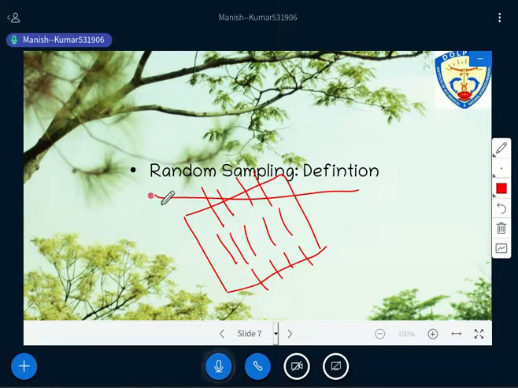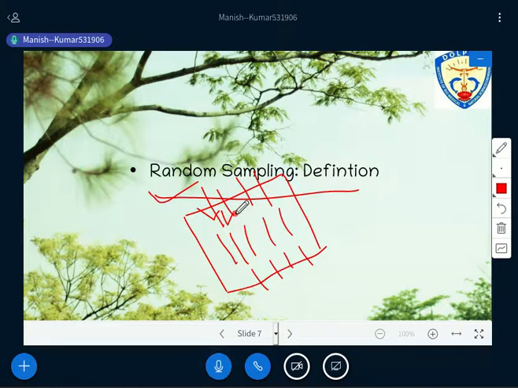That is called random sampling. Here you are just selecting a sample, but the process you follow must give each unit, that is each individual tree, an equal chance of being selected. Is it okay?